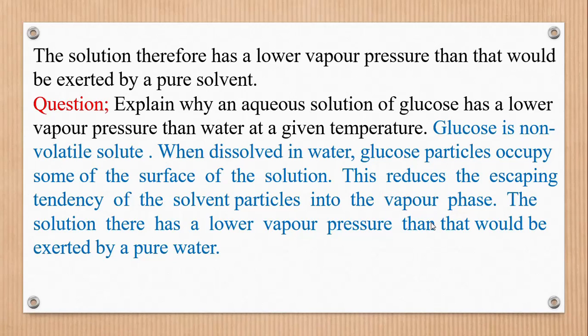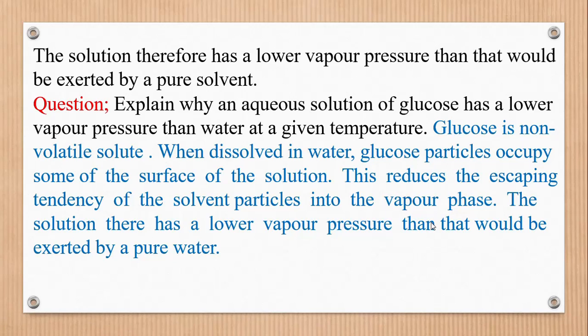A pure solvent will always have higher vapor pressure because the moment heat is applied, it can easily evaporate, meaning the amount of vapor of a pure solvent into the vapor phase will always be very high because there is nothing that hinders it from evaporating.